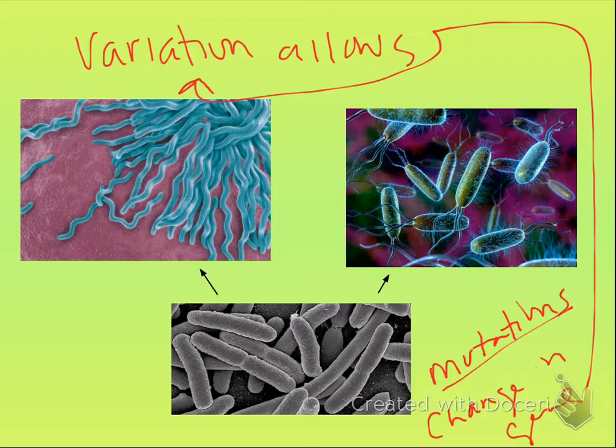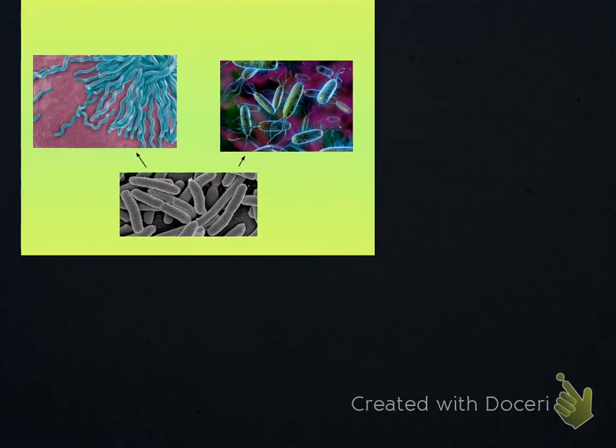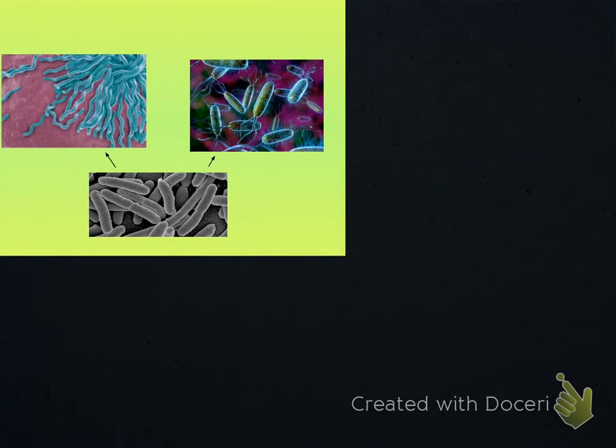So how does distribution figure into this? Well, let's look at these bacteria. Let's put up the same slide all over again with those bacteria on it. And let's imagine that in a population, what's a population?